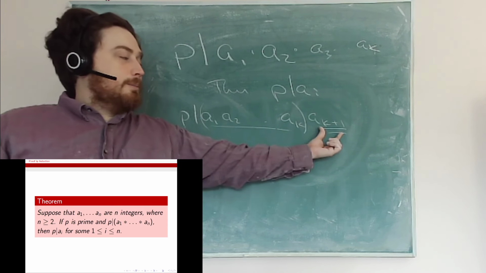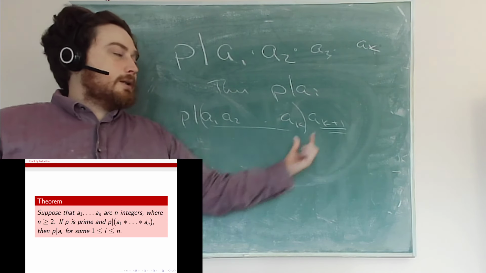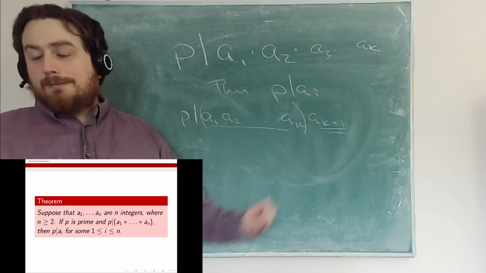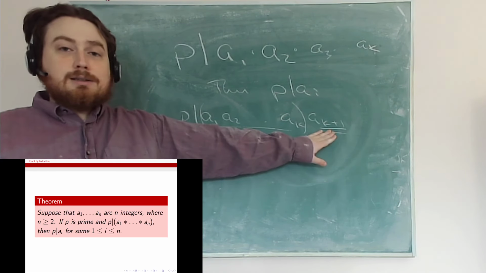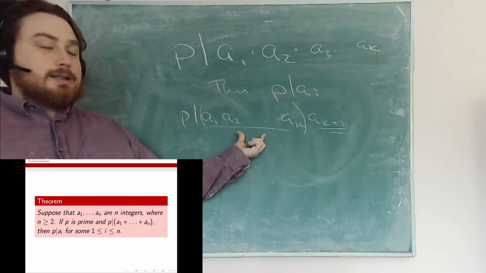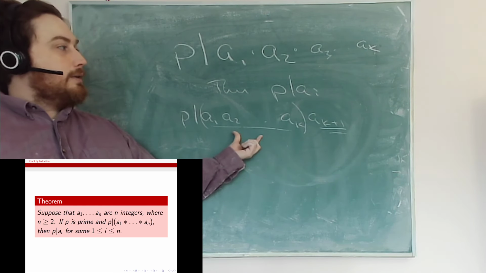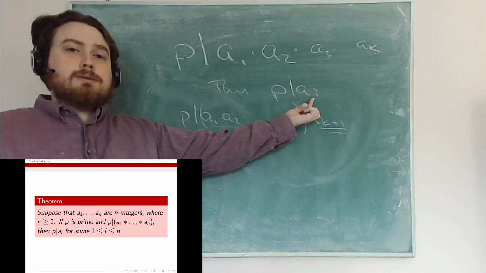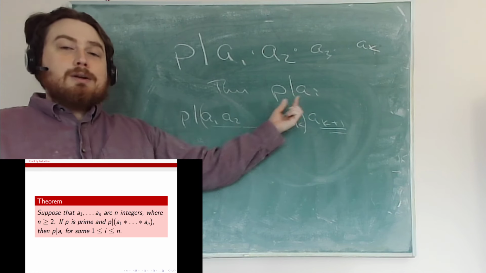So by the base case, since it divides the product of two terms, it has to divide either this or this. If P divides this, then we've shown our theorem and we're done. Otherwise, P divides this. But if P divides this, then by our induction hypothesis, it has to divide one of the terms. Therefore, we're done.